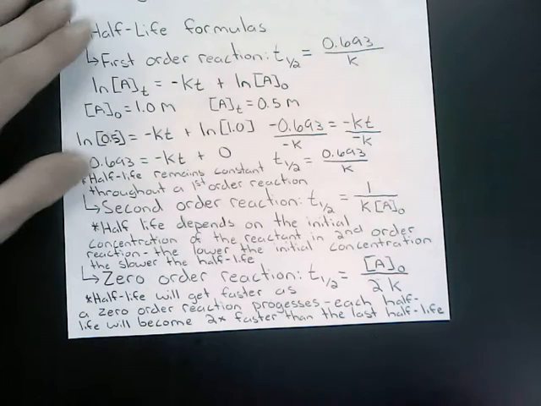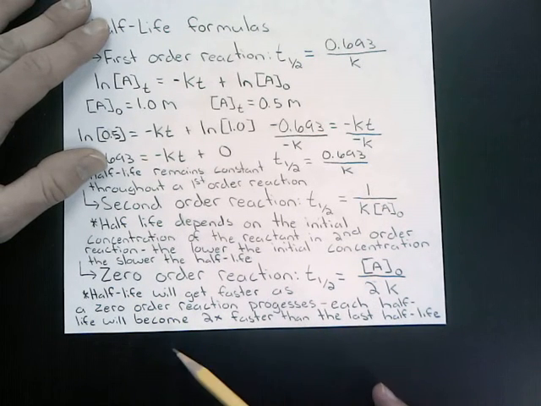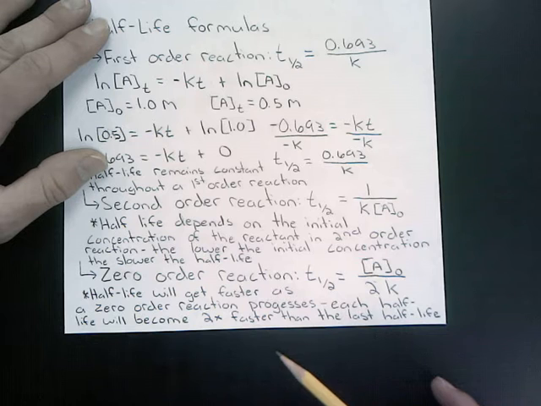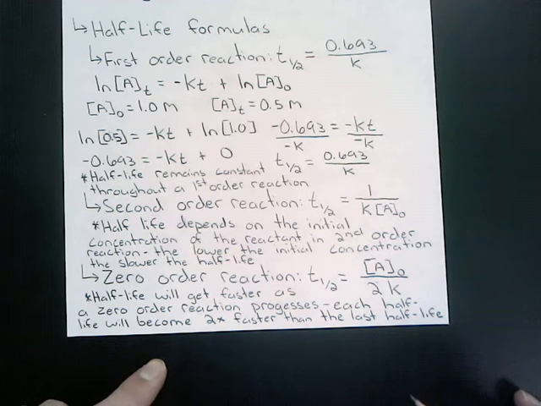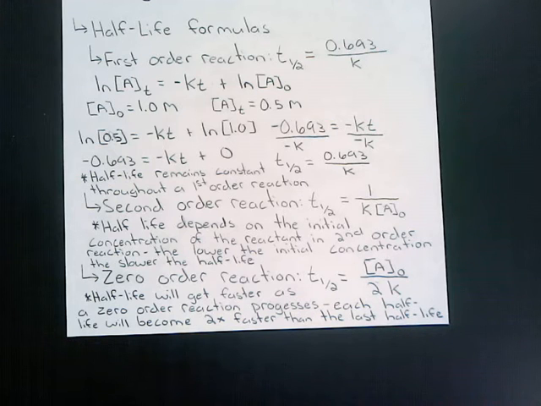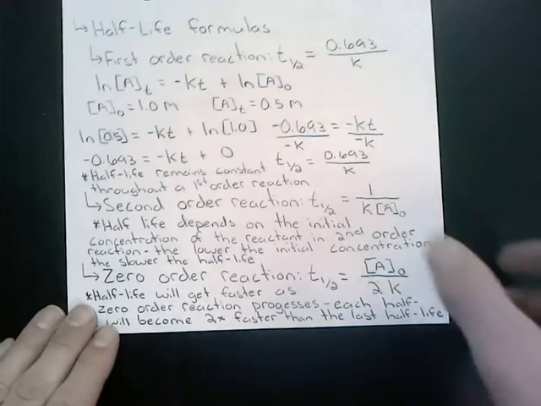Another way to say this is that each half-life will become 2 times faster than the last half-life, or it will double in speed. So you'll reduce your half-life as the reaction progresses. Okay, so let's use some of these half-life formulas in a few examples.